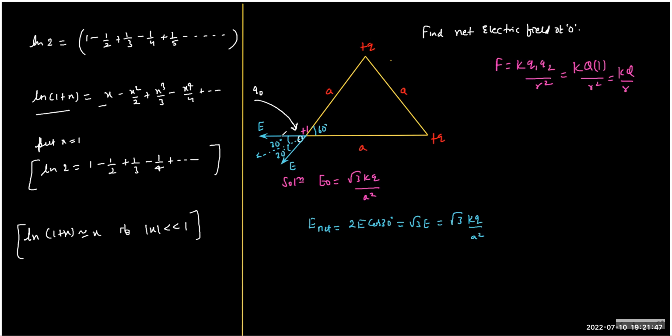So how much force will this charge Q naught experience? Root 3 kq q naught upon a square. Yeah, so it will be the charge you're bringing there into the field which was existing there before. So we'll come to this formula also very soon.